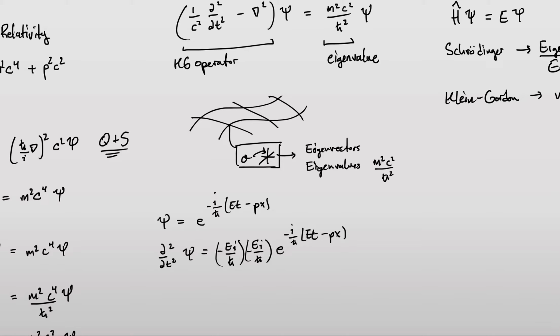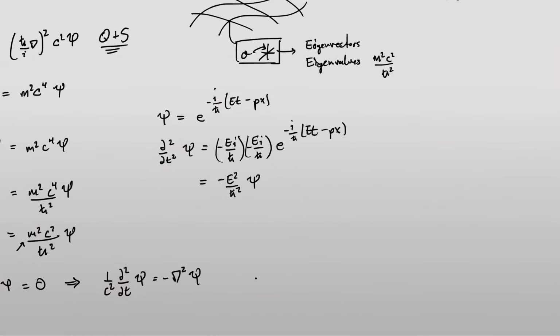We bring this down twice because we're taking the double derivative. That ends up being negative E squared over h bar squared times our wave function back again.